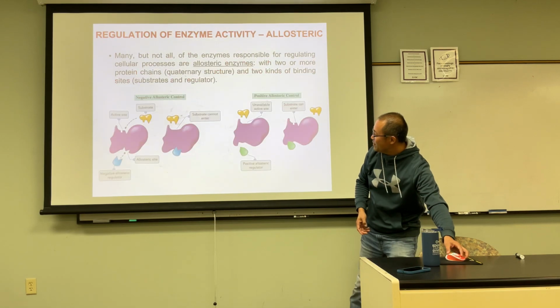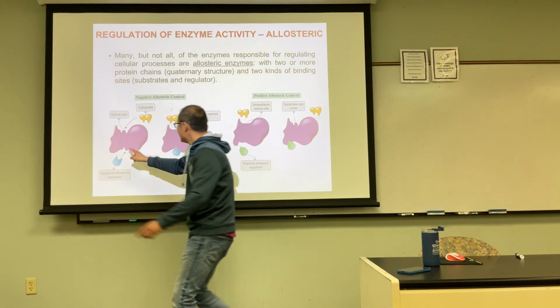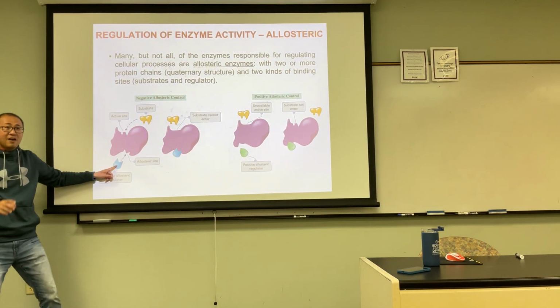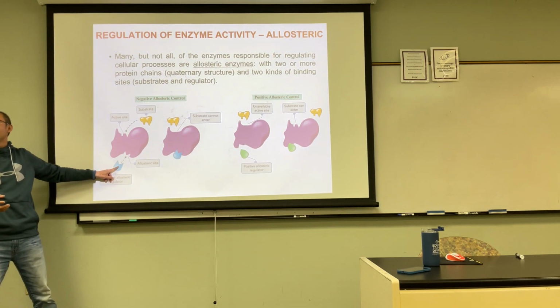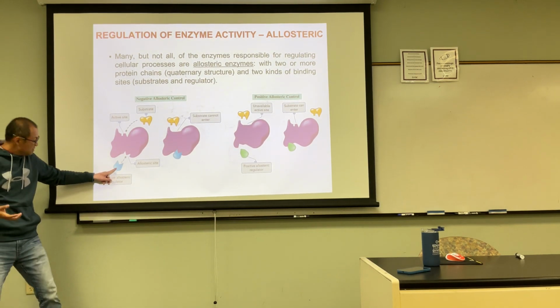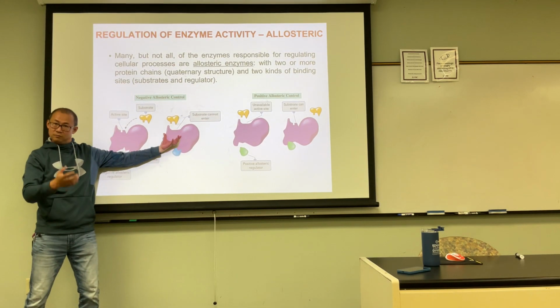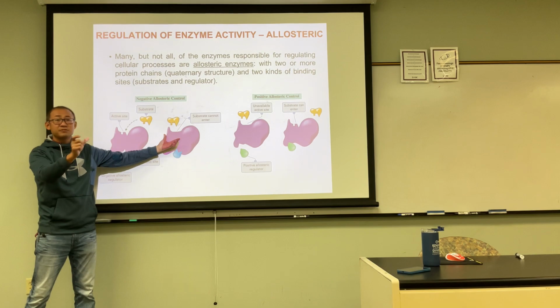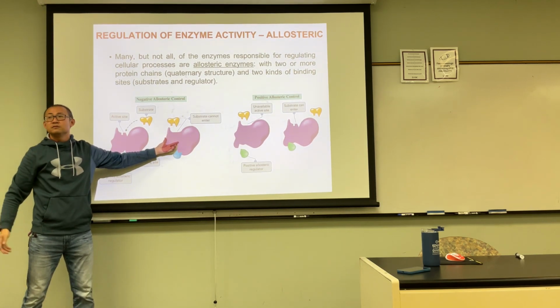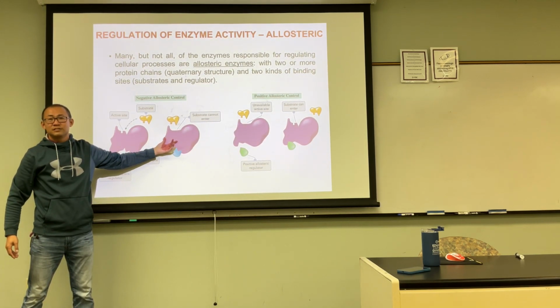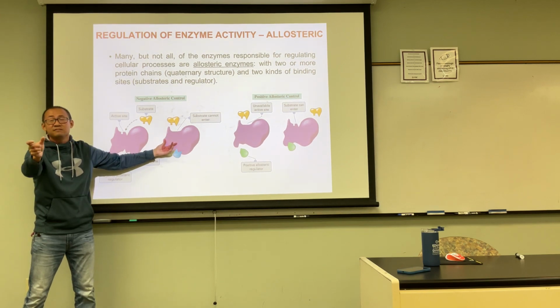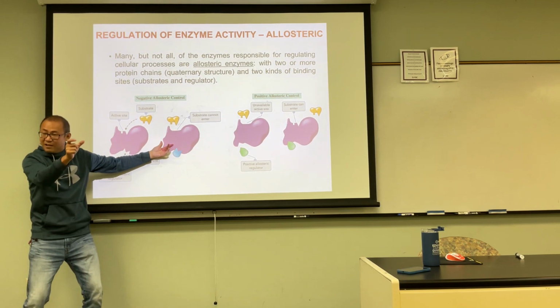Think about it. If this is the final product and this is the first enzyme, what does it do? If you have too much of the product, the product will bind to the first enzyme, and then the first enzyme shuts down. If the first enzyme shuts down, the following steps shut down too. So you don't waste effort synthesizing B and C. You stop in the first step.